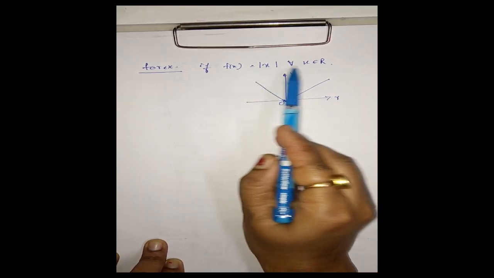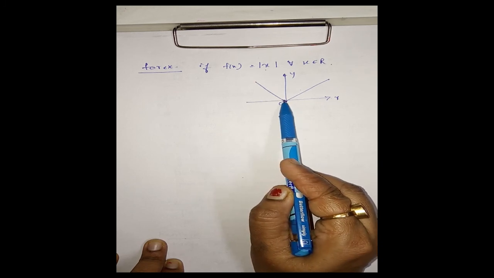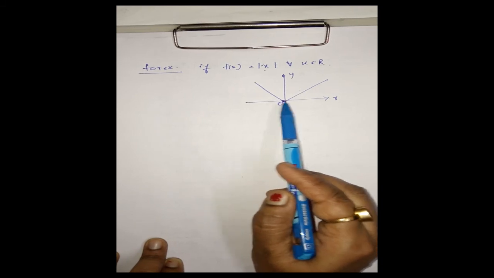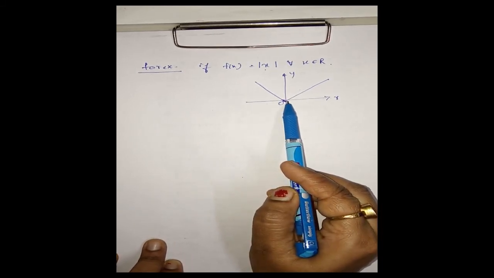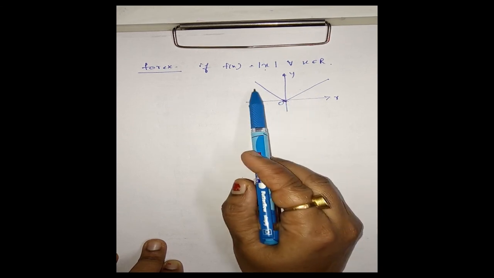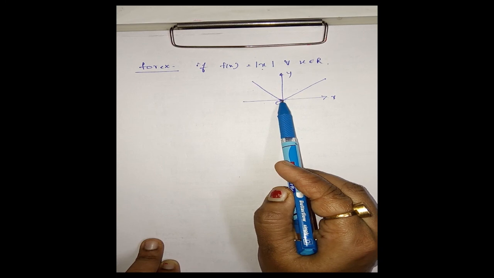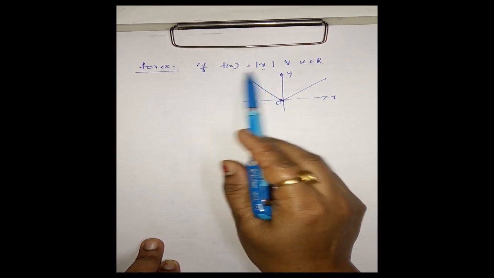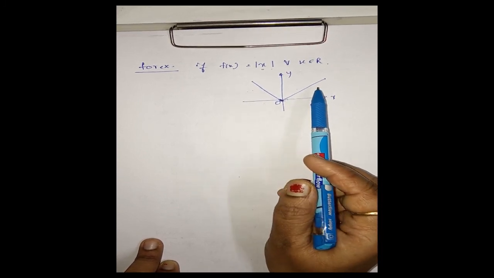Now we know this function is not derivable at the point 0. But from the graph itself, it is clear that at x is equal to 0, this has a minimum value. This graph lies in first and second quadrant only. At this point, this particular function mod x has a minimum value. It is clear from the graph itself.